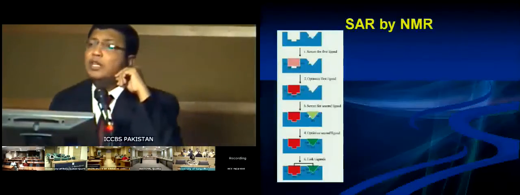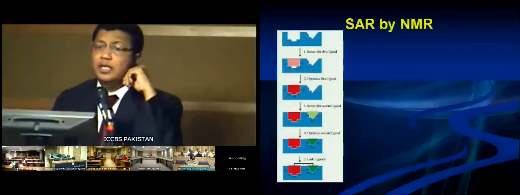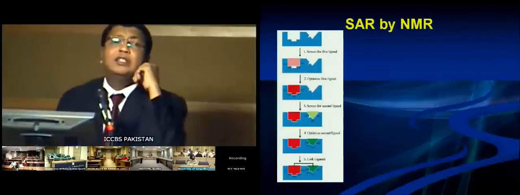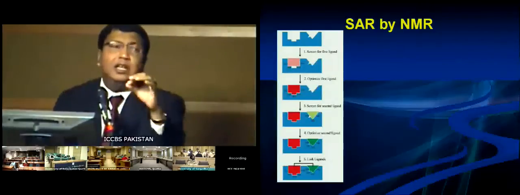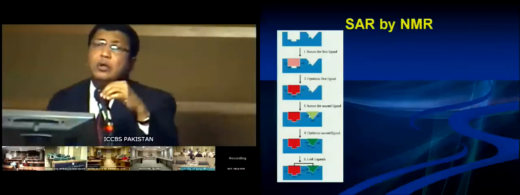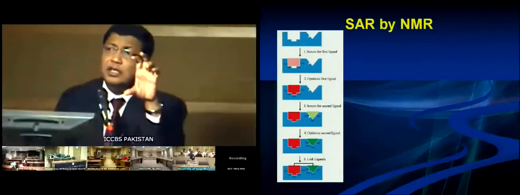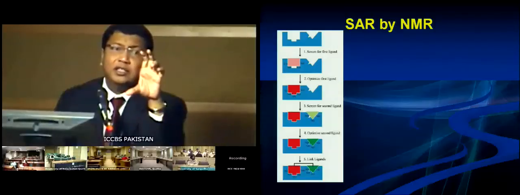NMR cannot give you anything else. NMR cannot give you IC50 values or anything like this. Any inference on the basis of NMR is drawn on the basis of the chemical shift and the intensity of the signal. More intense, more interaction, more NOE.